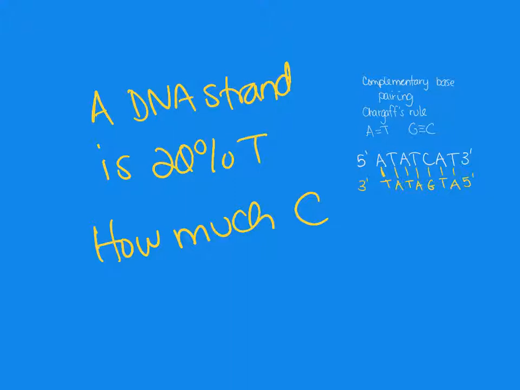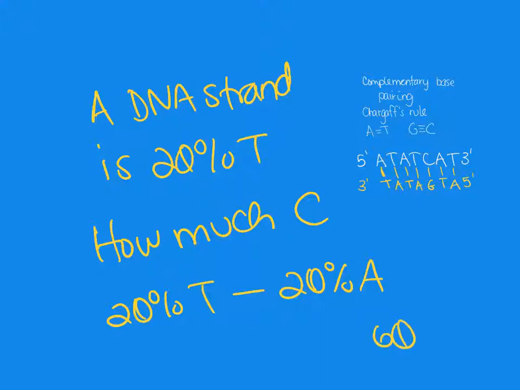How would you solve that? You would say, I'm sorry, I couldn't hear you, Katie, what? 20% would be A. So if I have 20% T, you know that I would have 20% A, because A and T always go together. And then there's 60% left, which has to be divided between just those 2 bases, so it would be 30% C. All right.